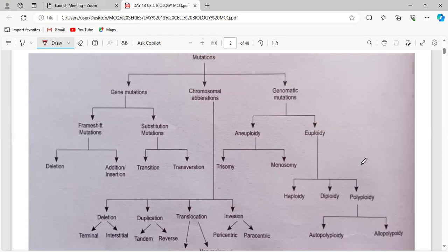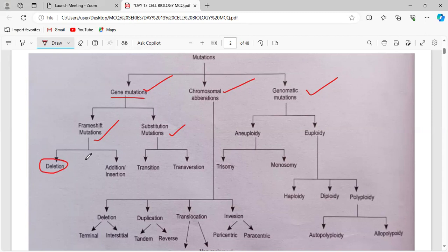So we can categorize mutation into three different types: gene mutation, chromosomal mutation, and genomic mutation. In gene mutation, we have two further types, frame shift mutation and substitution mutation. Frame shift mutation means deletion. We have DNA, and DNA is made up of nucleotides.